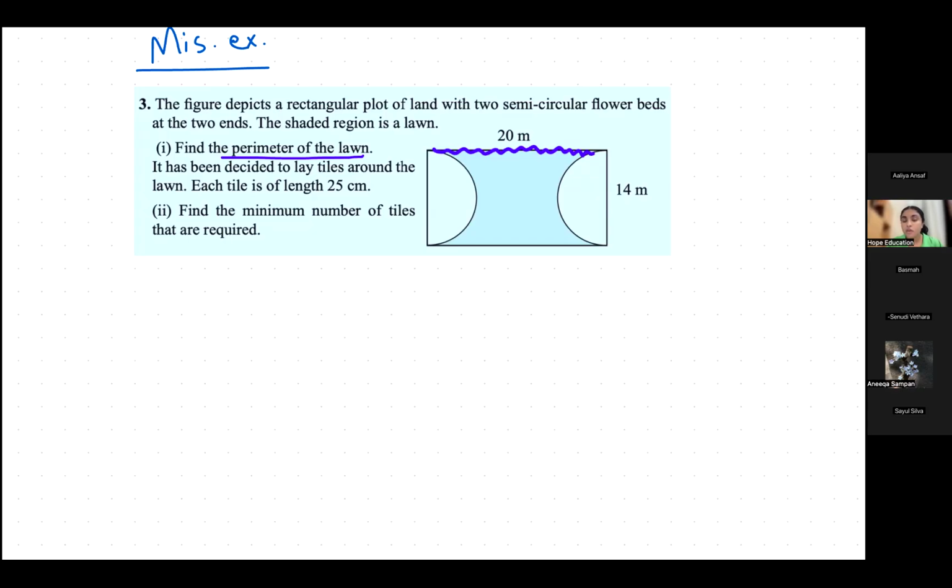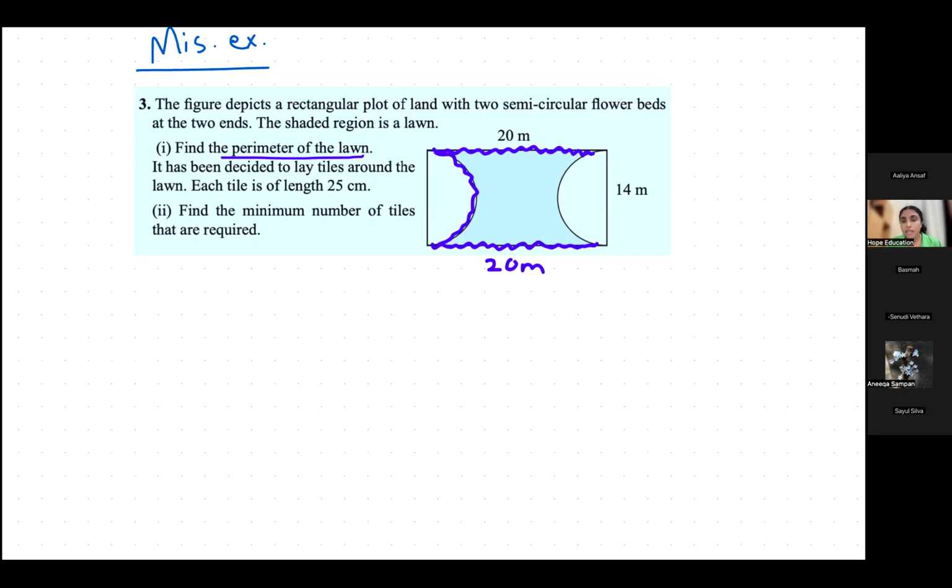The lawn is this middle part. To find its perimeter we have to add up the boundary. So you know that this length is 20 meters. What about this length? 20 meters, yes. Then we have to find this one and this one.